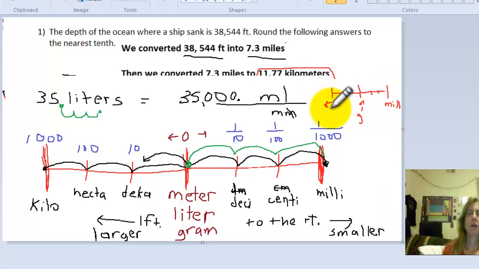And then this is kilo on the other side. And it helps to guide you. You know how to jump around, 1, 2, 3 to get from kilo to the middle, and you're moving your decimal. This is your little guide sheet for moving the decimal. Okay, that's the quick version of the metric to metric conversion.